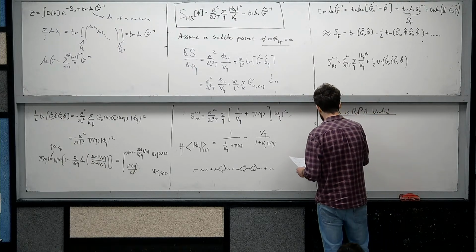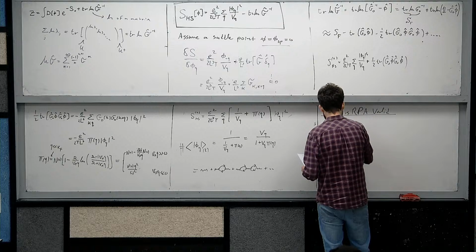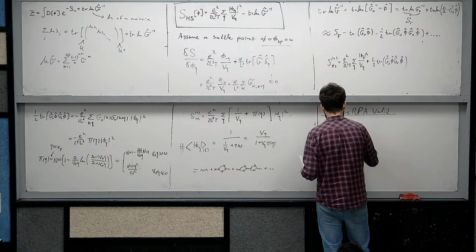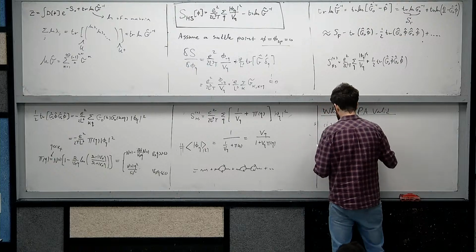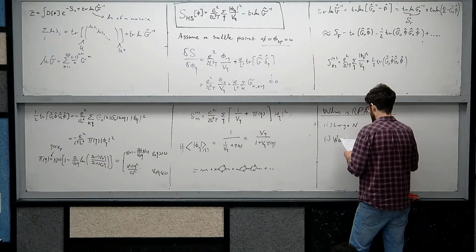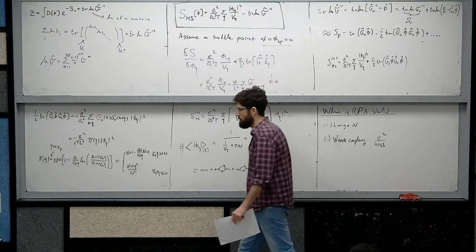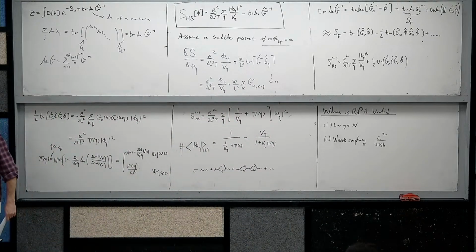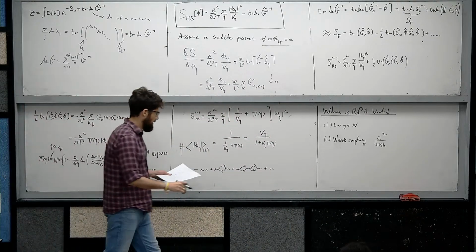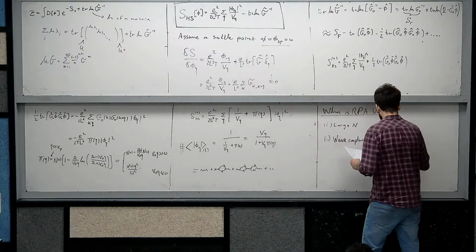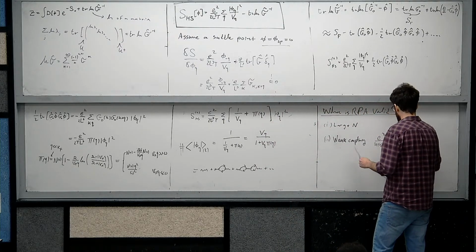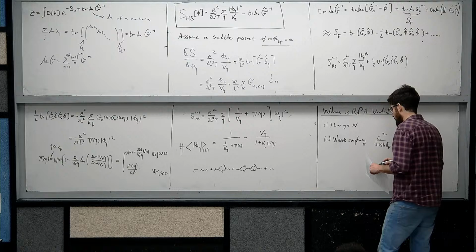Two, weak coupling. So that's when e squared over 4 pi epsilon v_F is much, much smaller than 1.